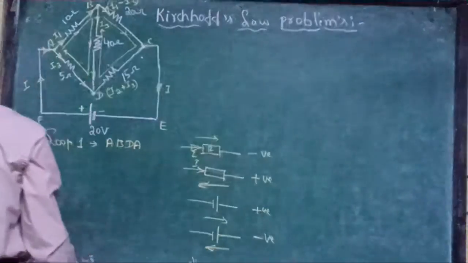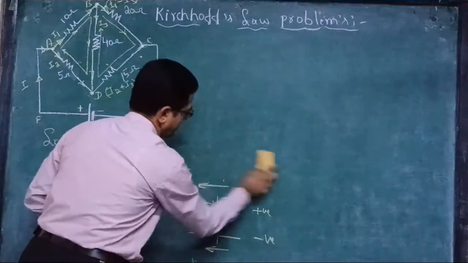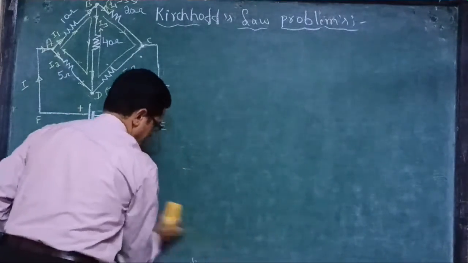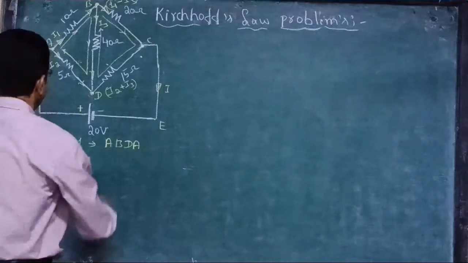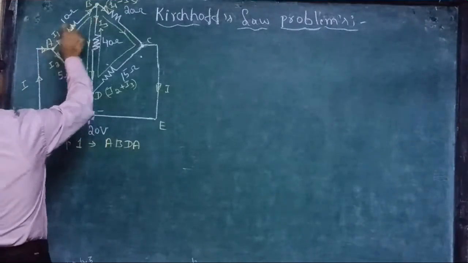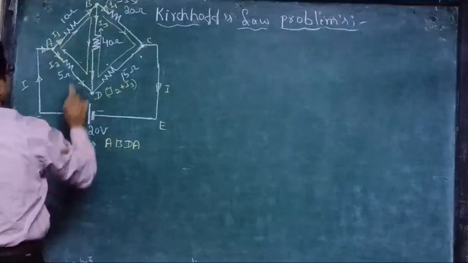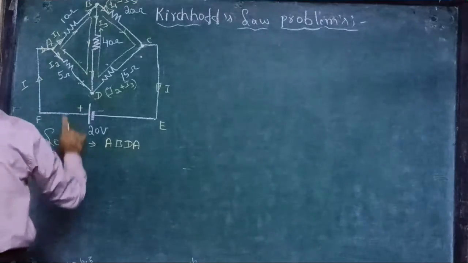Next, we take loop number ABDA. We are going A to B. Here one of the resistors is 10 ohm.